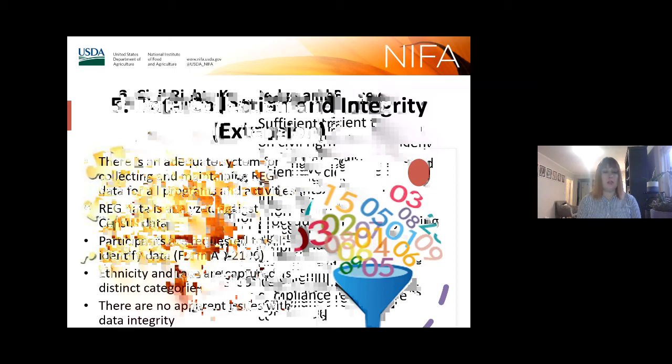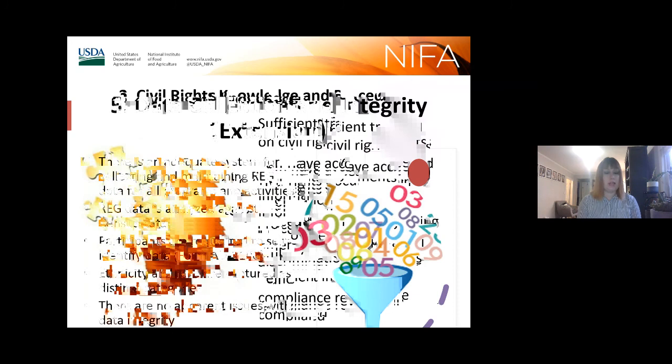And USDA's form for this is called AD 2106. I've provided it to our listserv before, and I can do so again. If anyone wants it, feel free to contact me. But you can also use your own forms or sign-in sheets to gather this information.